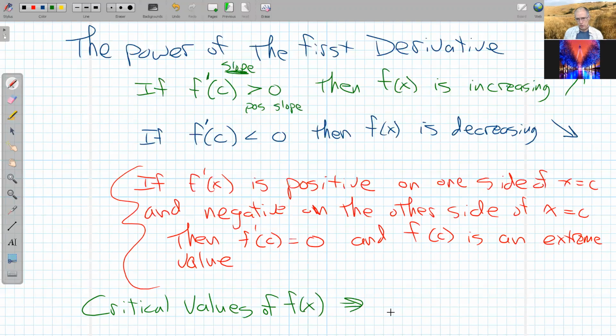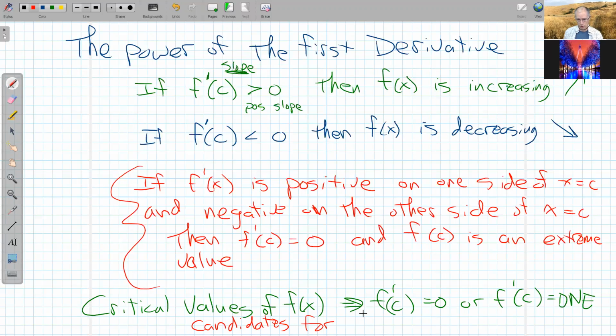And critical values happen any place that f prime of c is equal to 0, or any place f prime of c does not exist. And these critical values, the other day I was calling them candidates for extreme values, for extreme points.